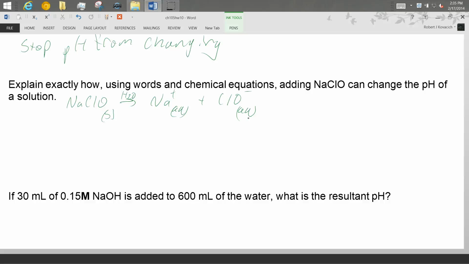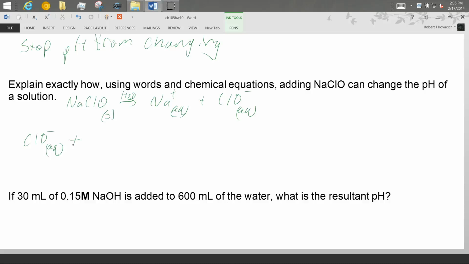But what about the hypochlorite? What's its issue? What about more than just the negative charge? What does it want to stick to? It wants a hydrogen.